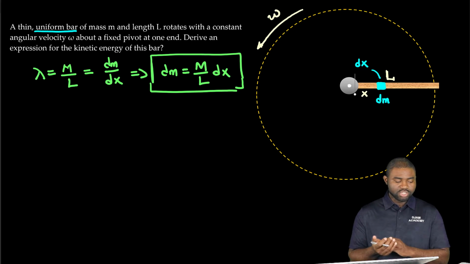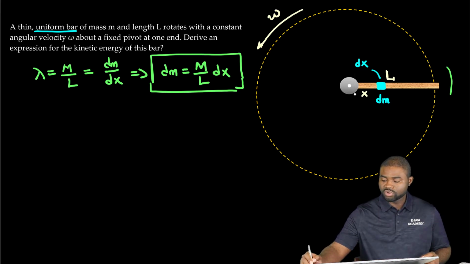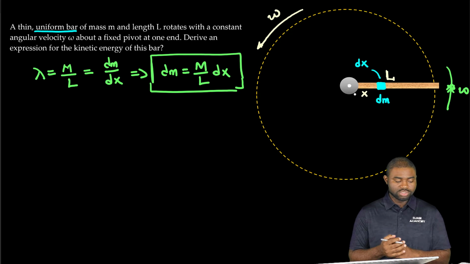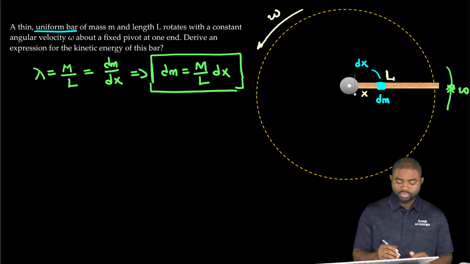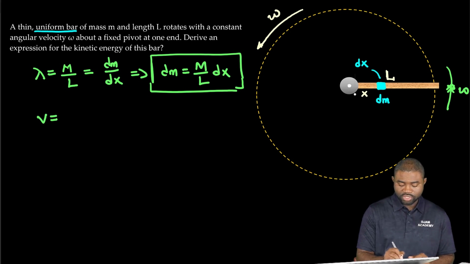Now, the next thing that you will like to keep in mind is the object rotates with a constant angular velocity omega. There is a relationship between the linear velocity of the bar and the angular velocity of the bar. We know that v is equal to r omega.